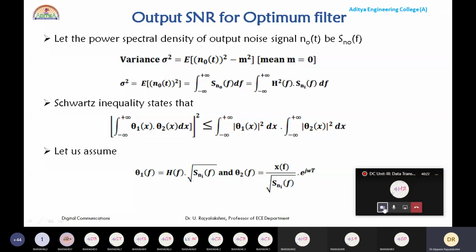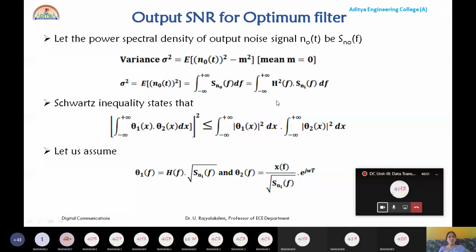So what we are doing here, we are defining the two functions using our expressions, so that we can calculate x naught of t by sigma whole square, that is the square of output SNR. Because output SNR is x naught of t divided by sigma, and we are going to maximize the square of output SNR.